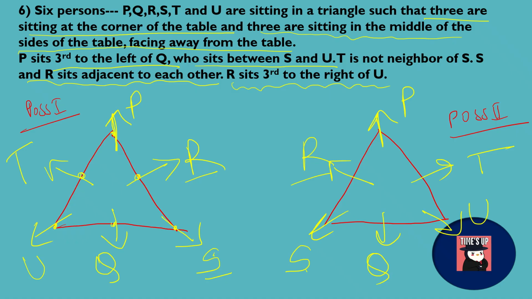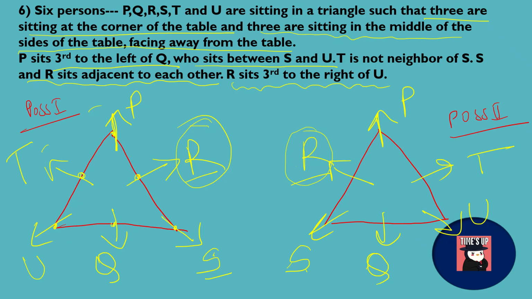So what do you think? 1, 2, 3. R is sitting third to the right of U here. In this case also, 1, 2, 3. R is sitting to the right of U. So in this case, both the possibilities are correct.